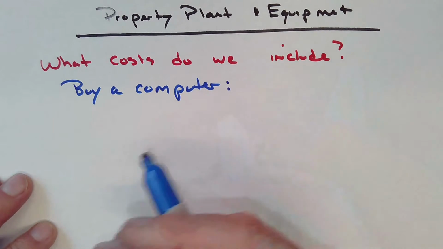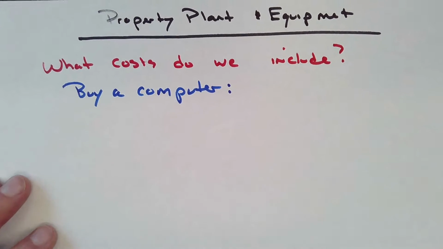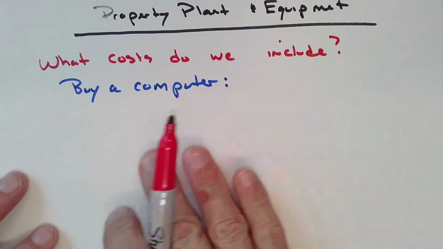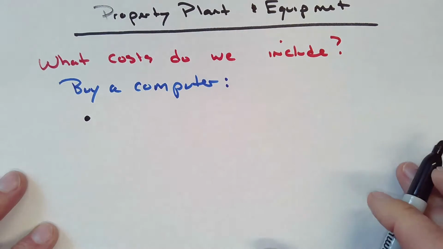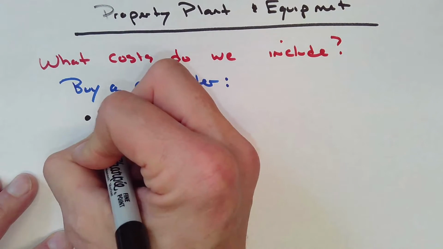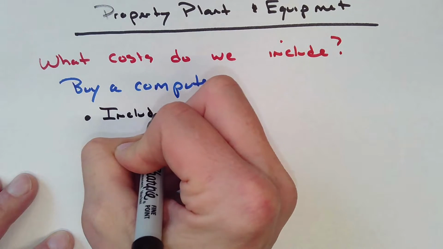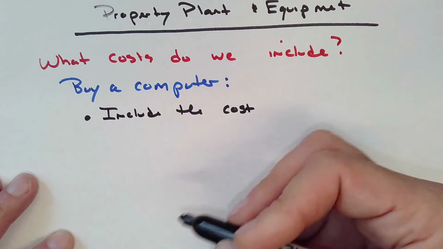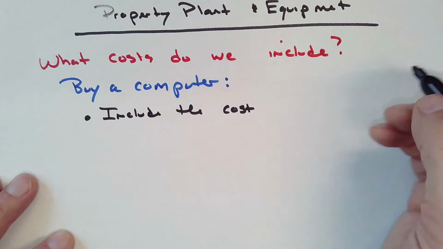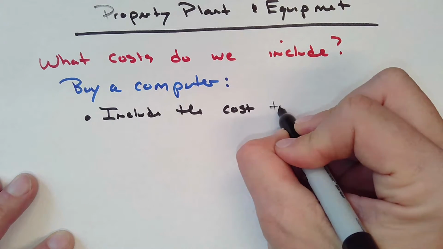We can call it a laptop, desktop, whatever it is, right? So what cost should we include? Well, we clearly need to include the retail cost, or the out-of-pocket cost to purchase.